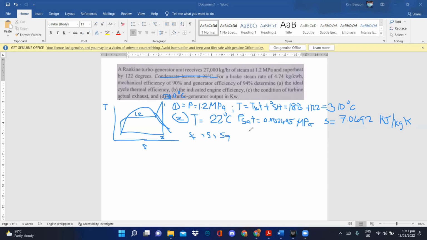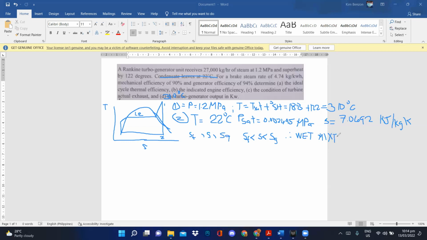Since S is greater than SF and less than your SG, therefore, at point 2, we can say that this is a wet mixture.